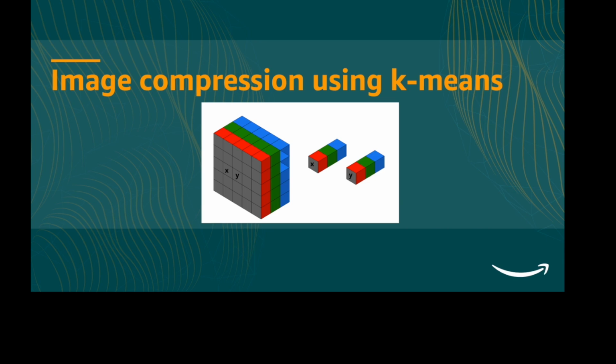The original image had 512 by 512 by 3, which is roughly 75,000 numbers. Now in our case, when you compress the image, suppose you had chosen 250 as the number of clusters. In this case you will have to maintain only 250 cluster centers, and each center is of 3 dimensions, so roughly 750 numbers, plus for each pixel you need to maintain the cluster membership.